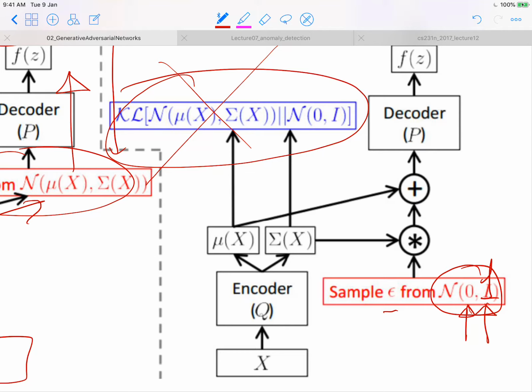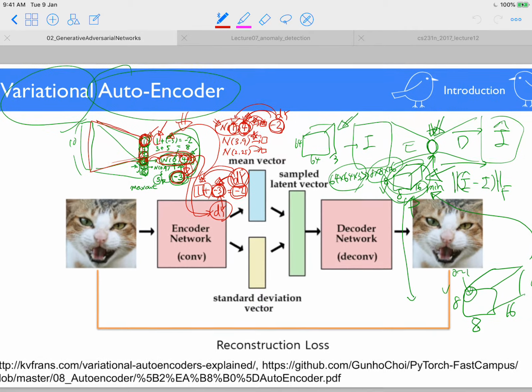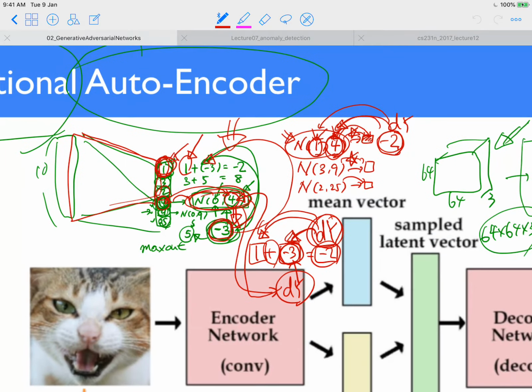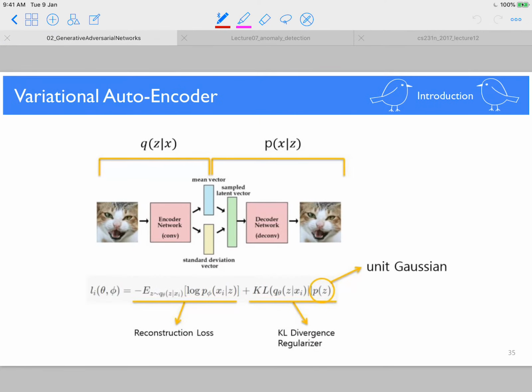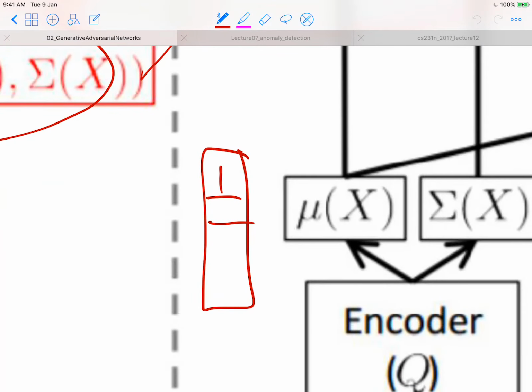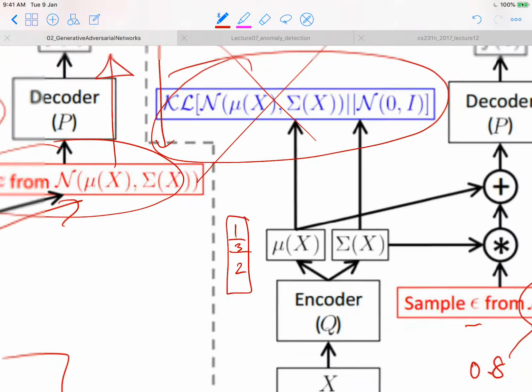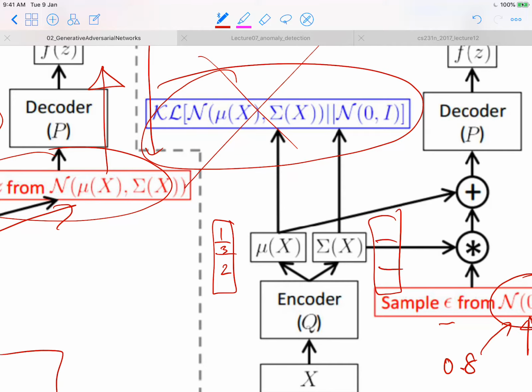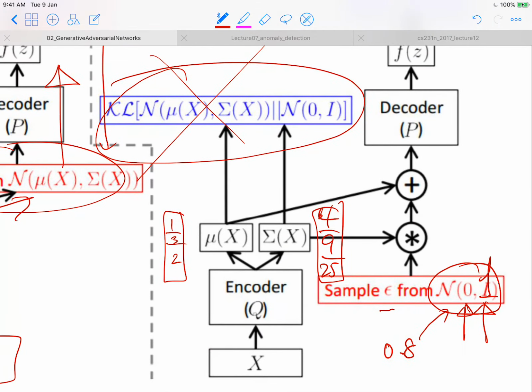Okay, and then suppose that value was 0.8, for example, and then this guy is what, 132 and 4925.